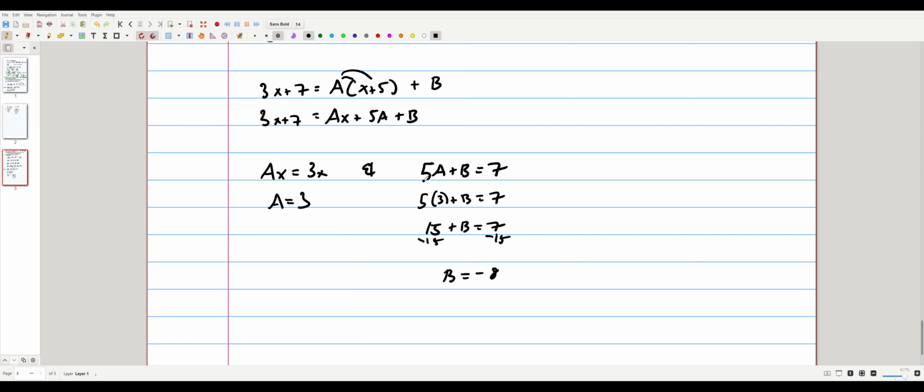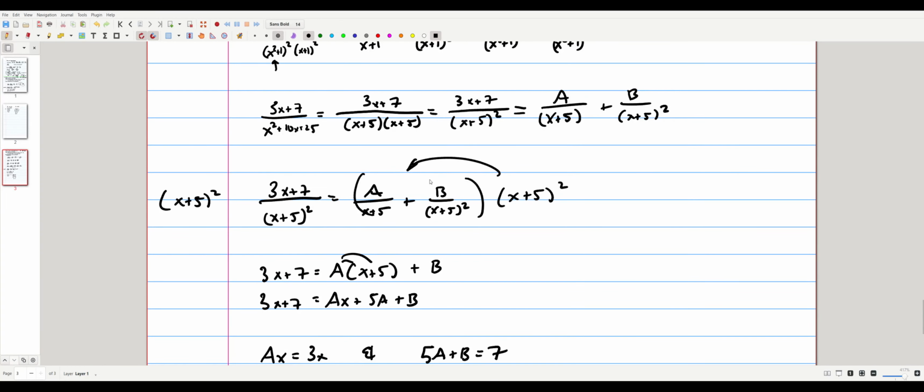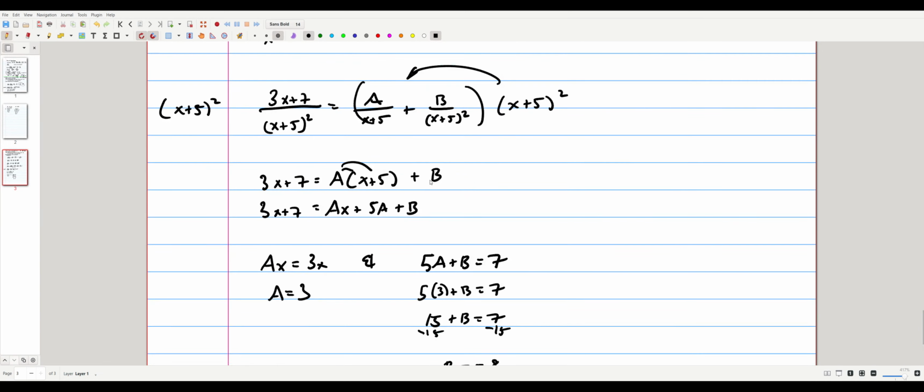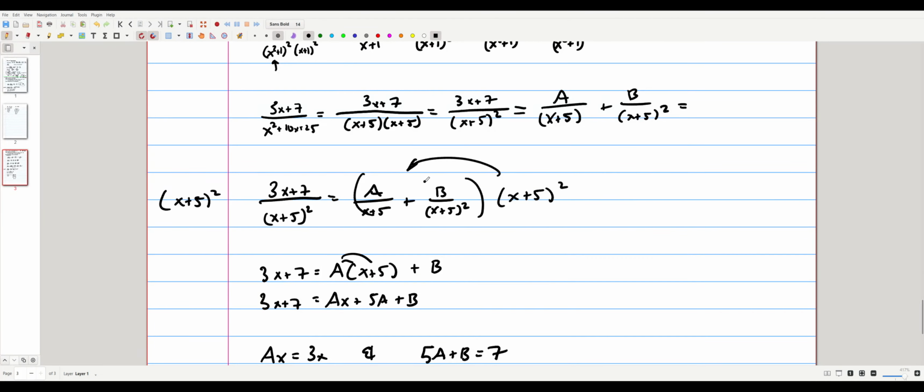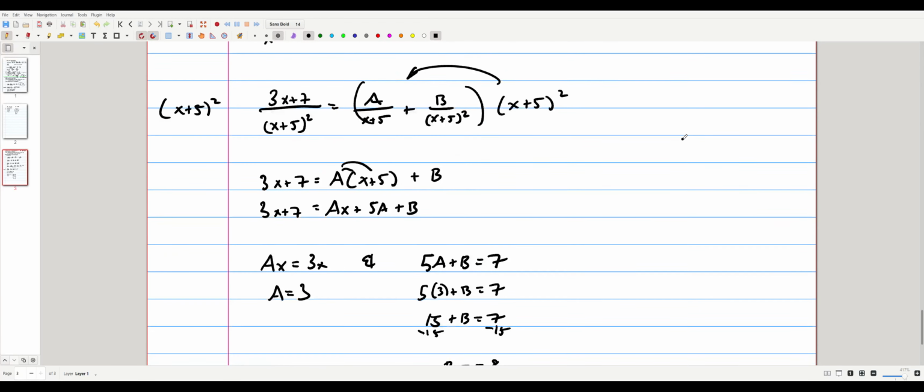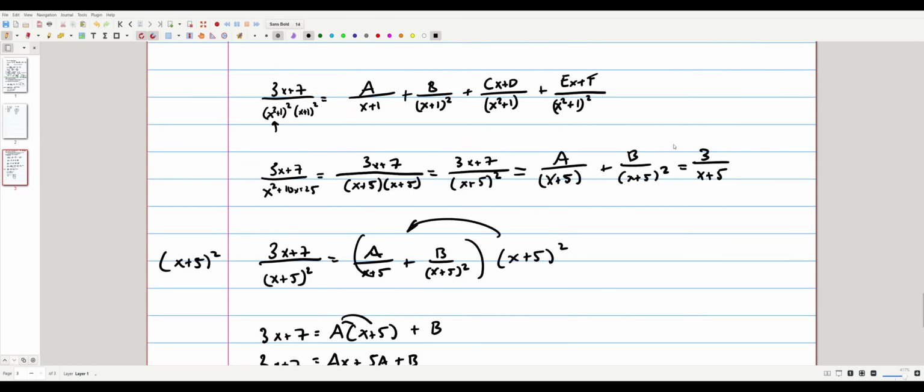So our partial fraction decomposition for 3x plus 7 over x squared plus 10x plus 25 is, with a being 3, 3 over x plus 5, and then b is negative 8, so plus negative 8 over x plus 5 squared. And that is our partial fraction for this original question.